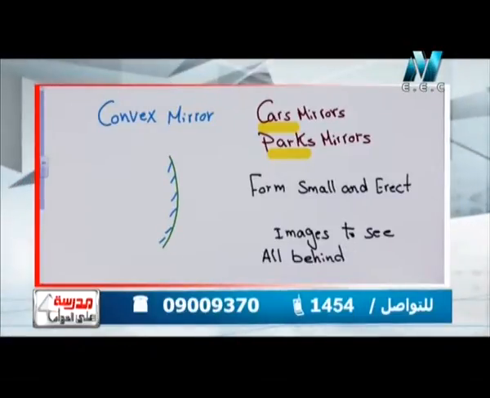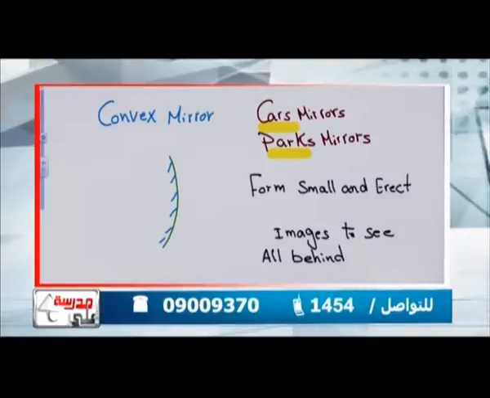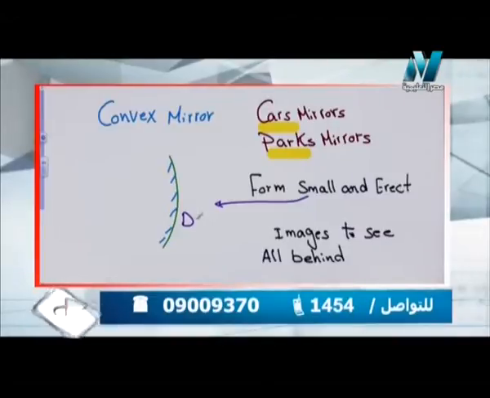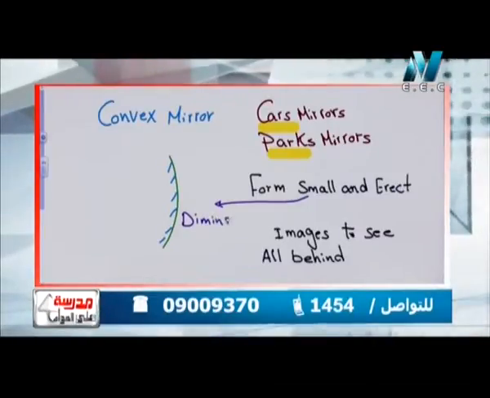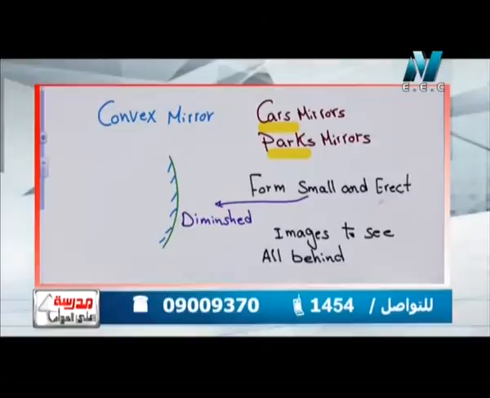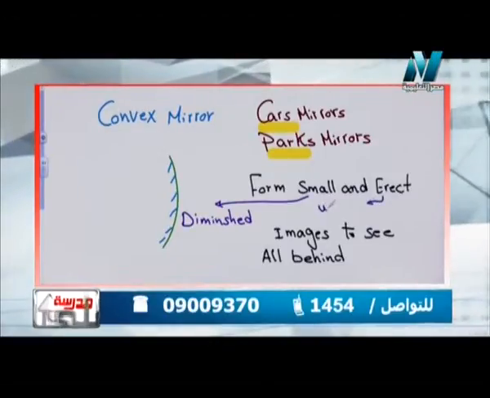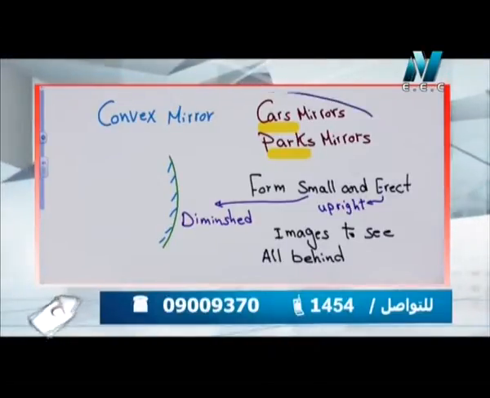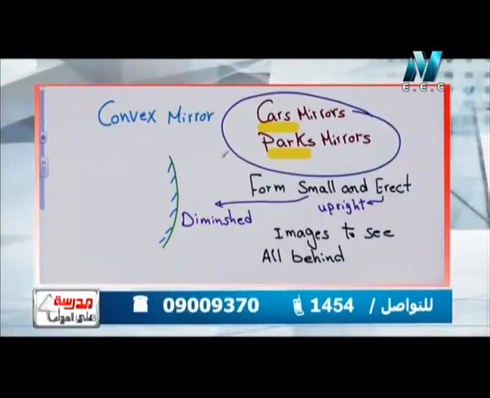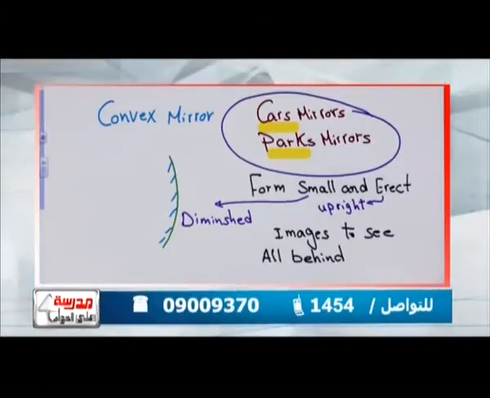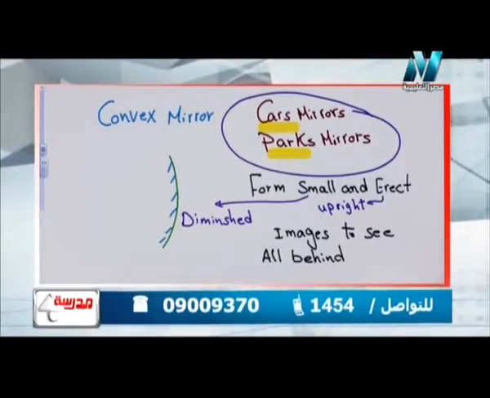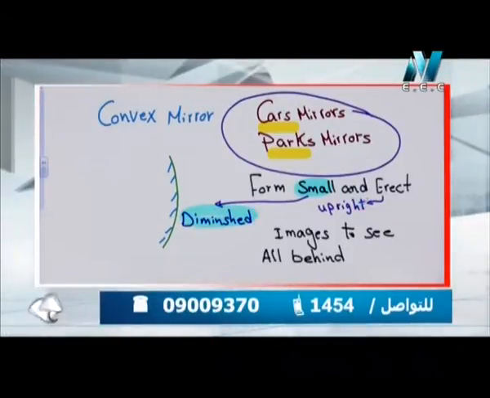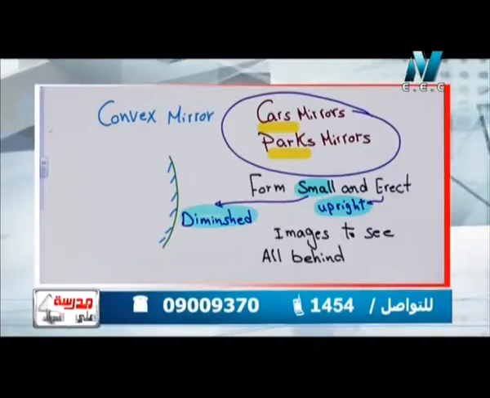So here we know what is meant by small. We can use another expression here: instead of small we can use diminished, مصغر يعني. And for erect we can use another expression, upright, يعني معدول. So why do we use convex mirrors in cars and parking mirrors? Because they form images that are small or diminished, مصغرة, and erect, which means upright, to see all behind.